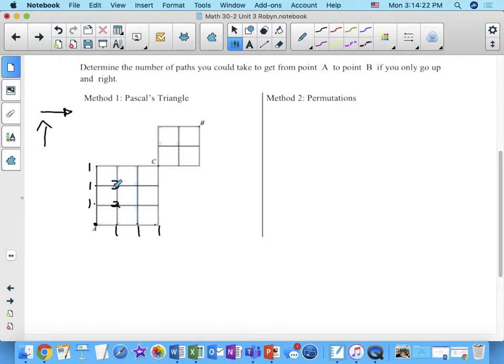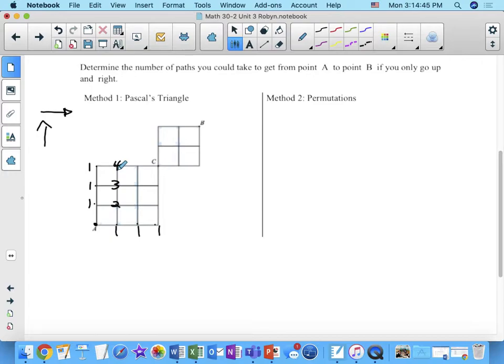And what about here? How many ways to get there? To this spot right here where the pencil is. 4, because I could come from this spot or this spot. So there's 4 ways to get there. All right, let's move on to the next one.